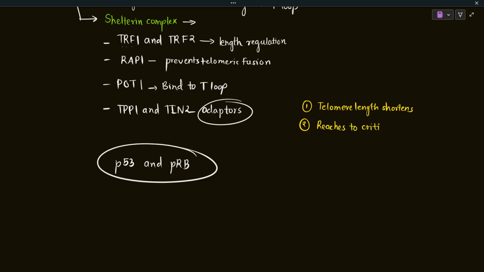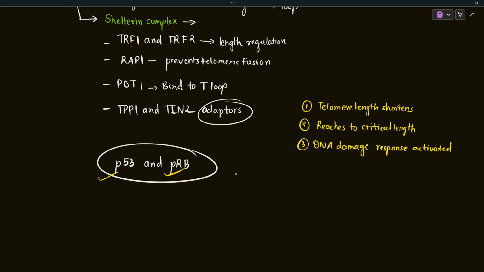When it reaches its critical length, the DNA damage response will be activated, because the telomeric ends will be recognized as double-stranded DNA breaks. Once the DNA damage response is activated and the P53 and pRB pathways are activated, it will arrest the cell into the senescence stage.